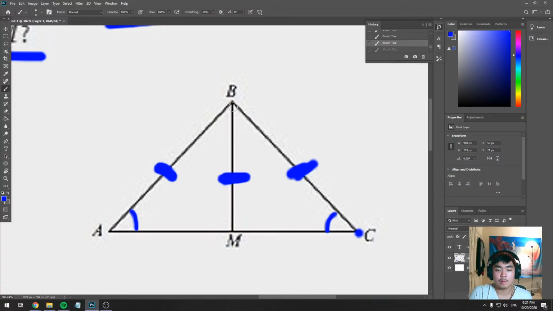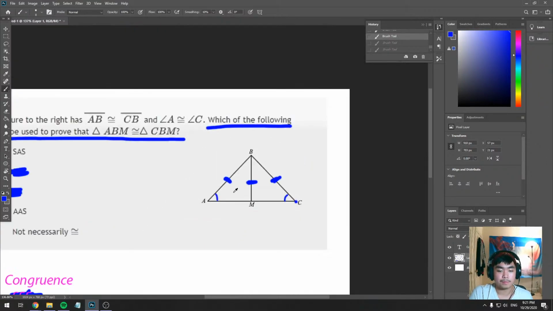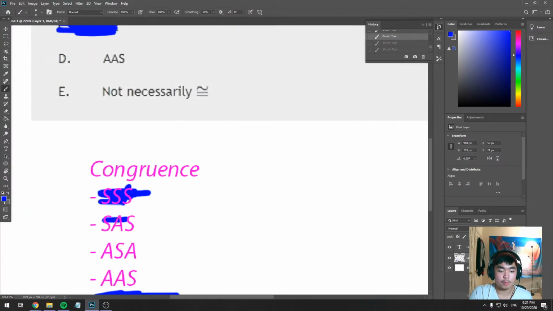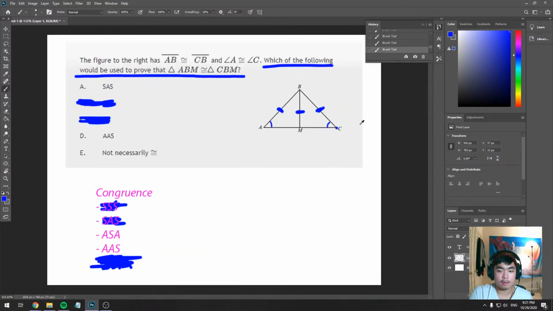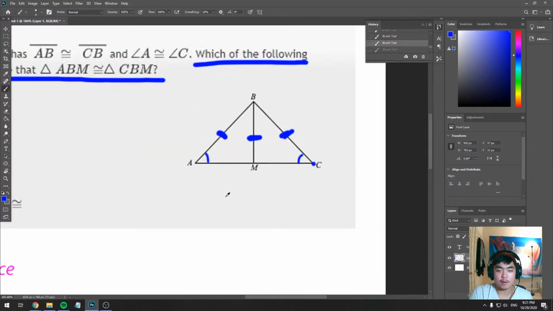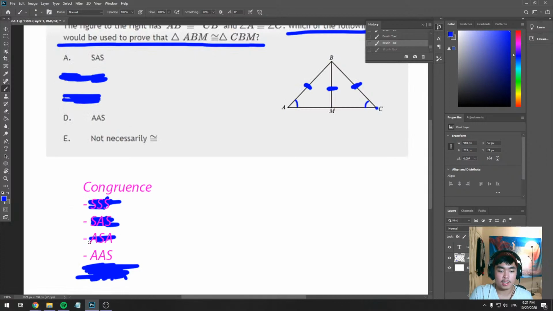BM looks like it's splitting this triangle in half, but we have no idea. There's no way to tell. So we don't have that third angle. We cannot do SAS. ASA, again, we can't use this, so no ASA for us.